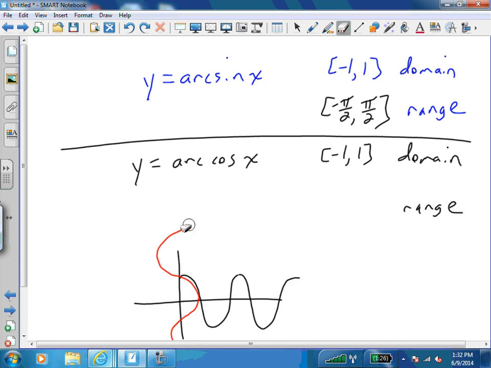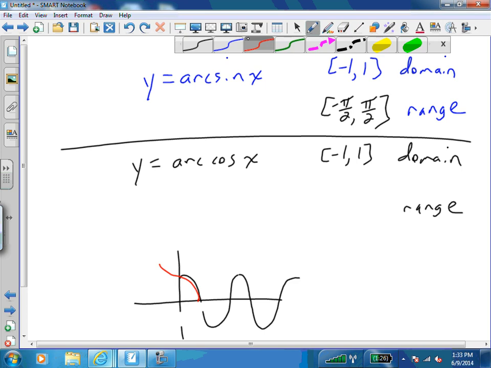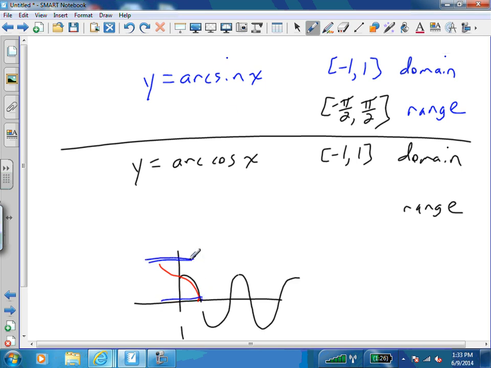So the way we make that a function is we restrict our range from 0 to pi. If you think about it, sine is 1 at 90 degrees, sine is -1 at -90. Cosine is 1 at 0 degrees, cosine is -1 at pi, or 180.